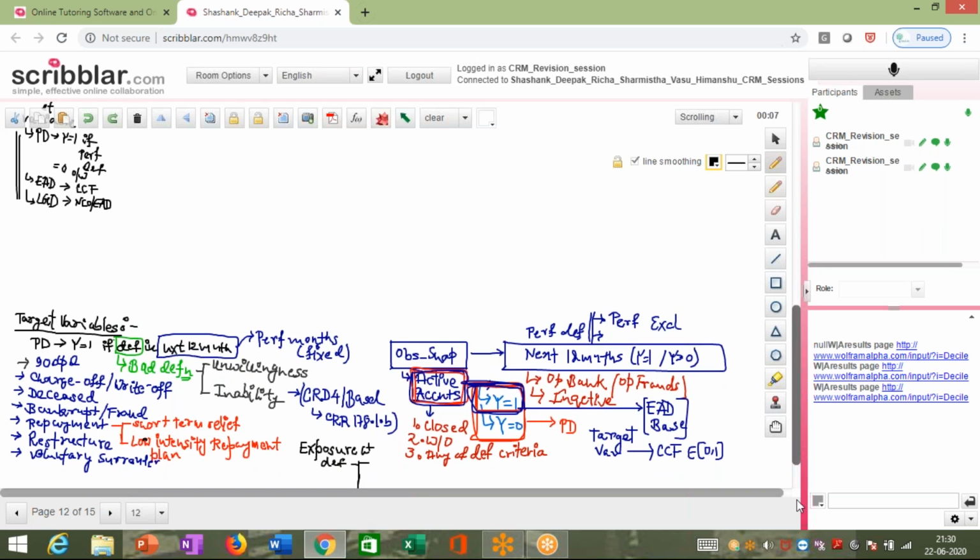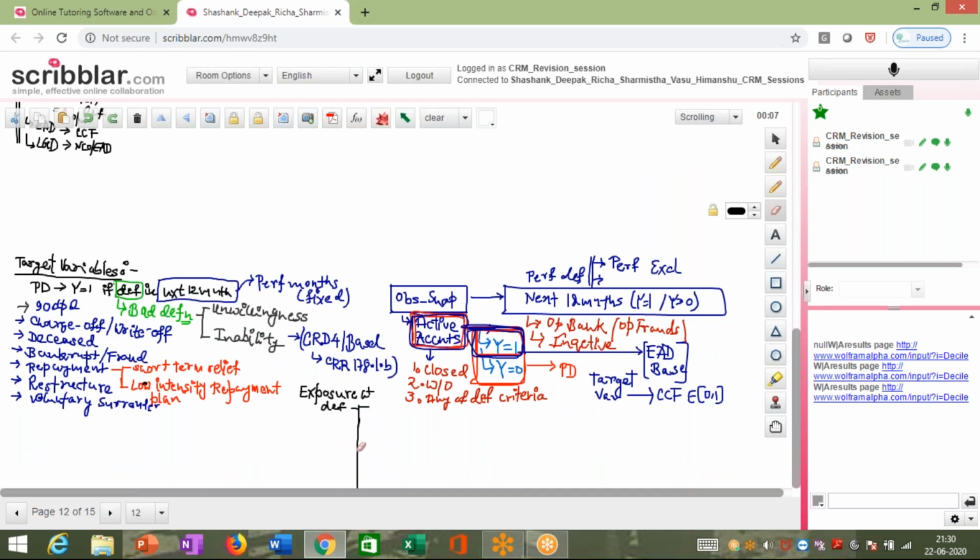Given that we are developing the model for a QRRE, one of the most important things to note is that there are two types of balances.